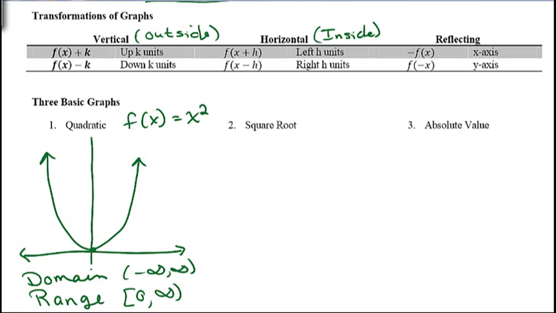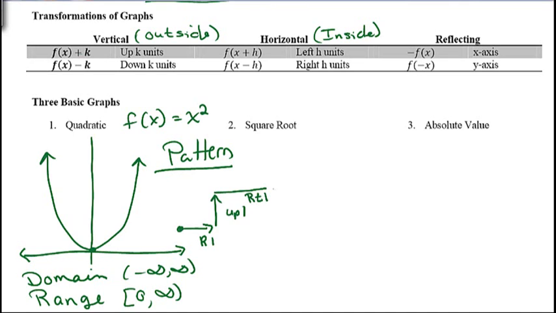And there's a pattern that you can use to get the points on this graph if you're asked to plot points. So from this bottom point, which on this graph is at 0, 0, you can move right 1 and up 1. And then go right 1 again, and then up 3.